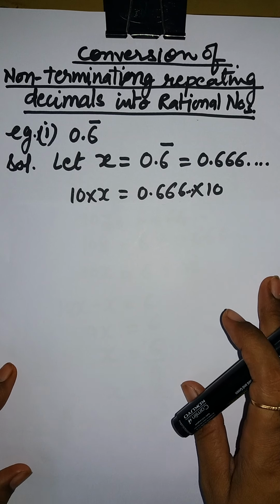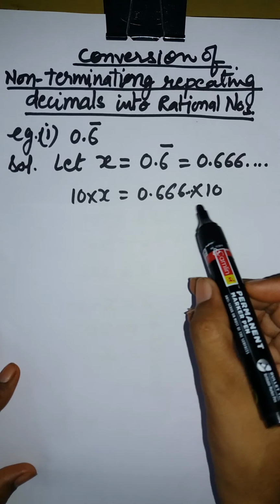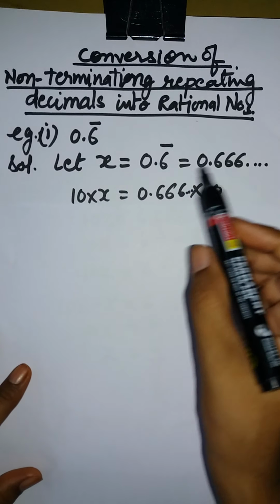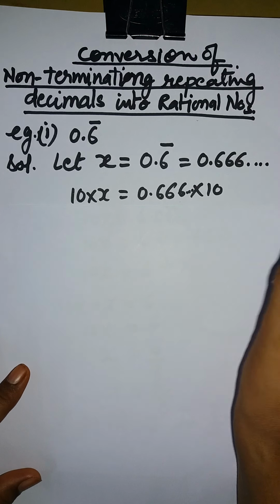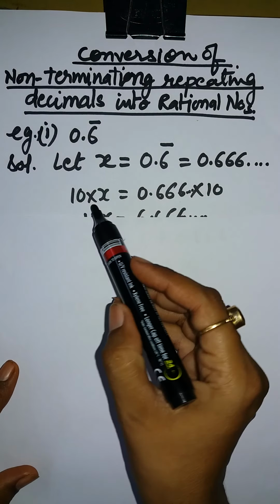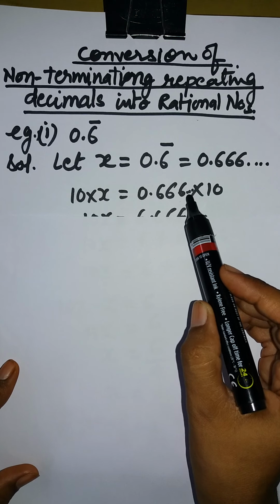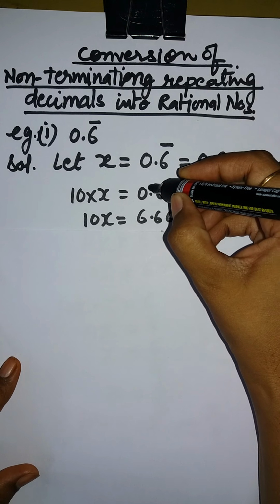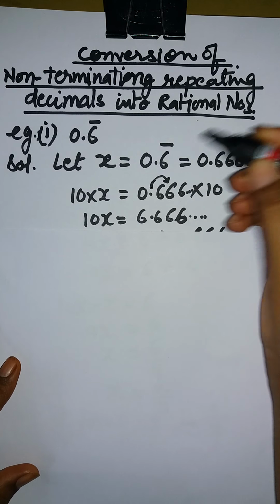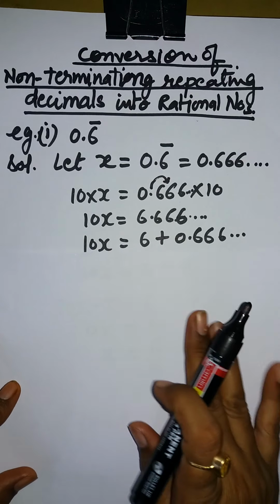We multiply both sides by 10 because only one digit is repeating, that means digit 6 is repeating itself. So 10 multiplied by x, and 0.666 and so on multiplied by 10. We know how to multiply by 10. The decimal will be shifted to the right side, so it will become 6.666, which is 10x.